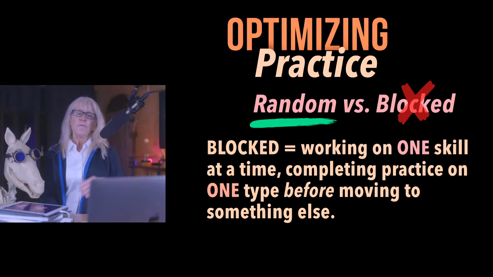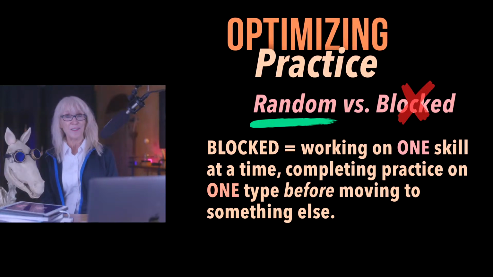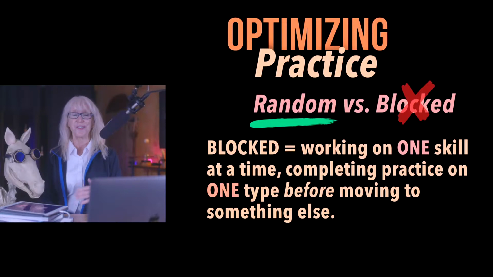And random, which is not actually random, I'll talk about that in a second, is better overall than blocked practice. And blocked practice just means where you focus on one thing for a certain period of time and you work on that. And then you move to the next thing and you work on that.